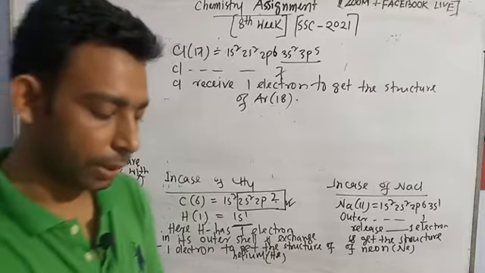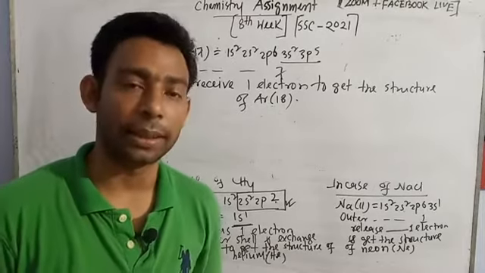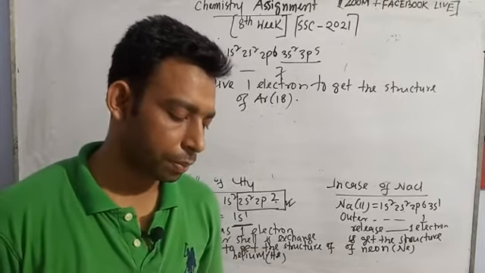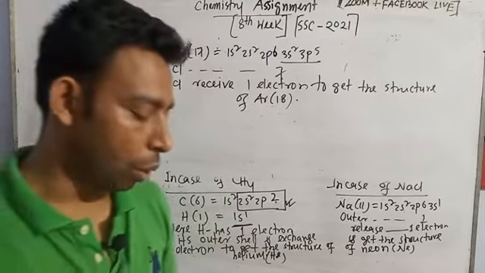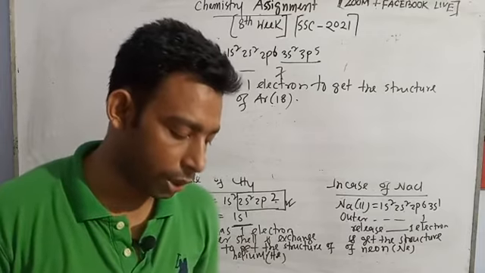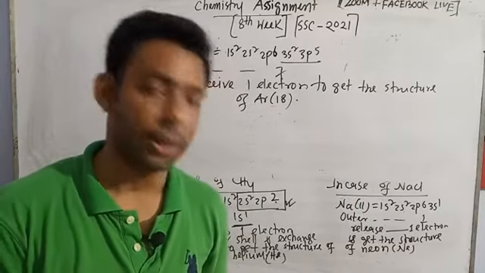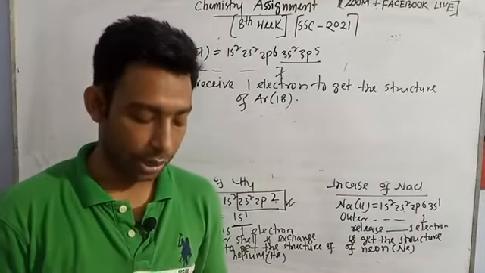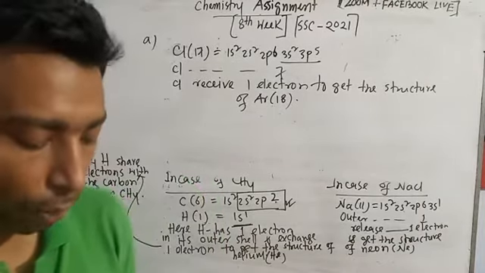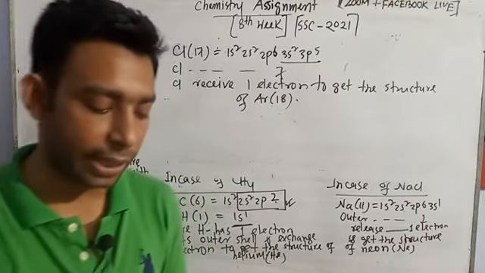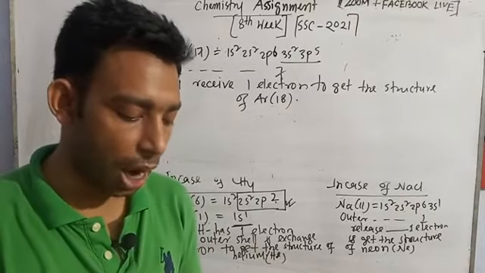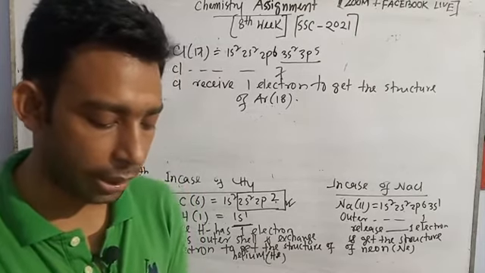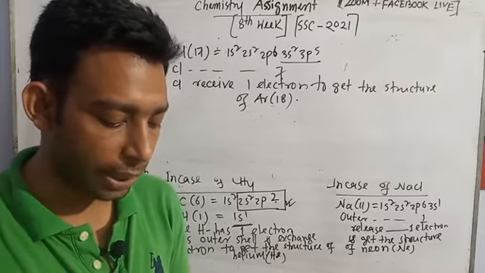Then the methane. In the case of methane, the compound formation, covalent compound formation, and their polarity are to be explained. They are asking for compound formation and their polarity, clearly instructed here, how it forms and how we can explain the polarity in the case of methane.